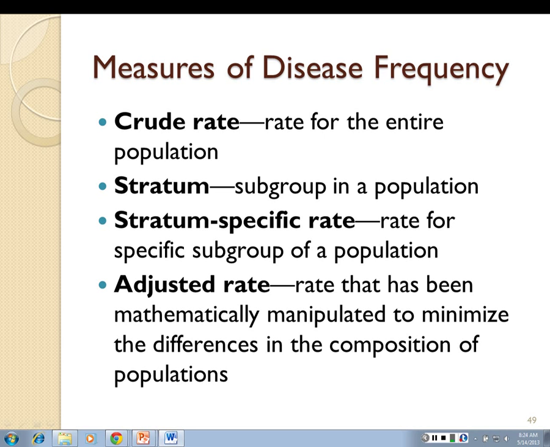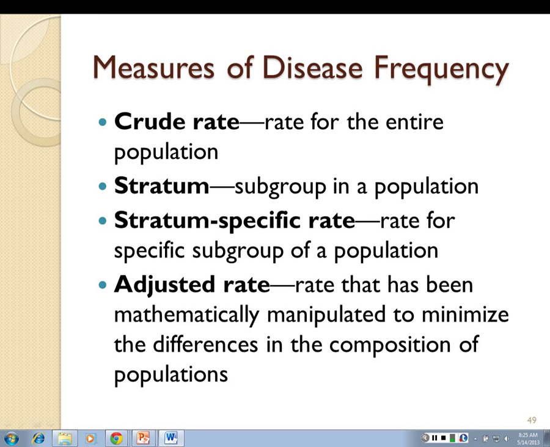So here we see the basic definitions. Crude rate is the general rate for the entire population, so that's the rate where we haven't actually done any mathematical manipulation. A stratum simply refers to a subgroup of a population. So we could have age strata, where we would have people under the age of 20, people between 20 and 40, people between 40 and 60, and so on. And each of those groupings or categorizations of age is considered a stratum or a subgroup of that population as a whole.